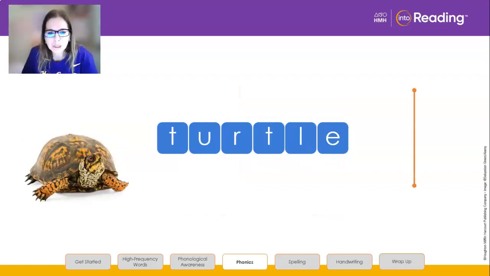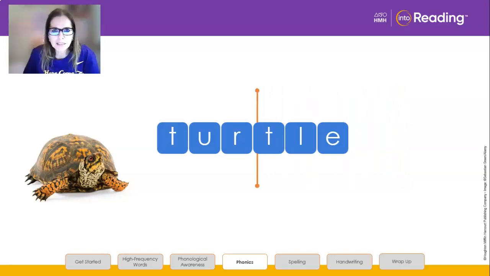This word is turtle. Do you notice the final stable syllable in this word? Let's take a look at it. So when I divide this word right before that final stable syllable, I have the final stable syllable TLE at the end, right? So if I followed my 2-step, how many vowels do you see? Are they together or apart?